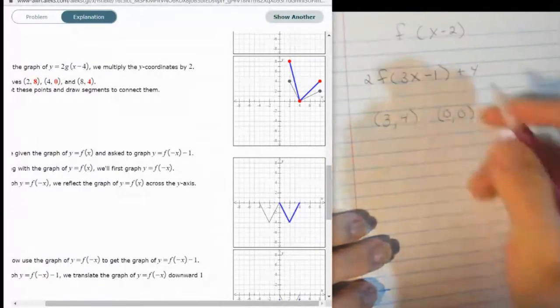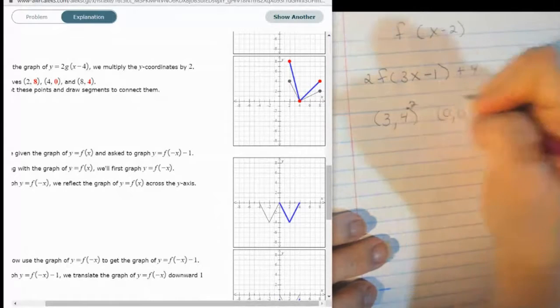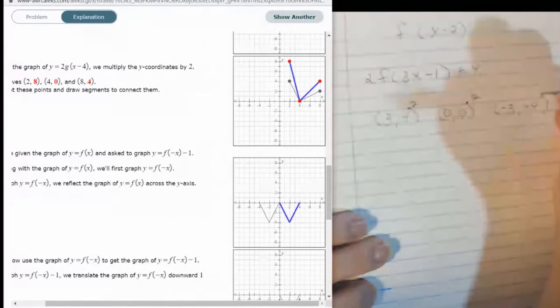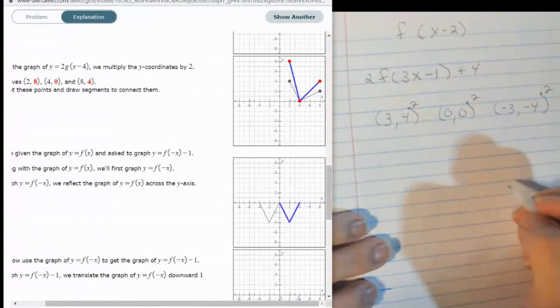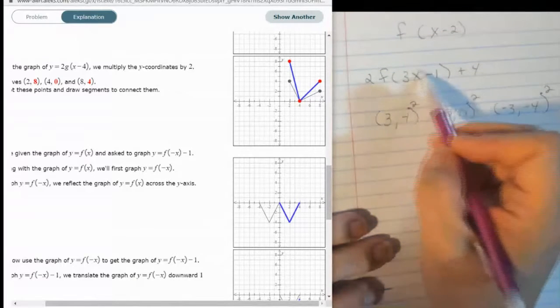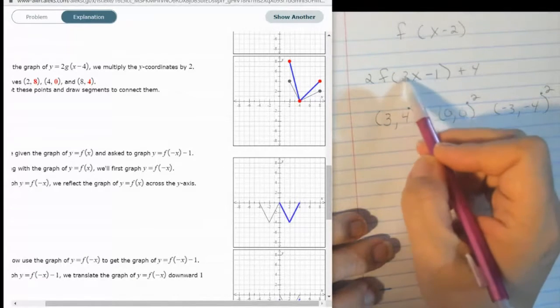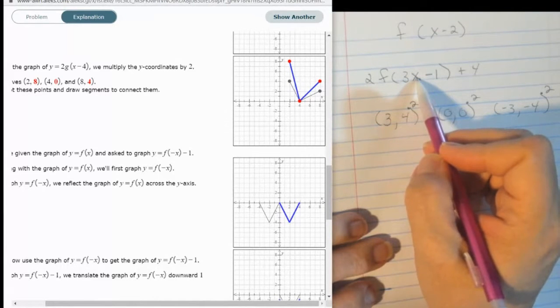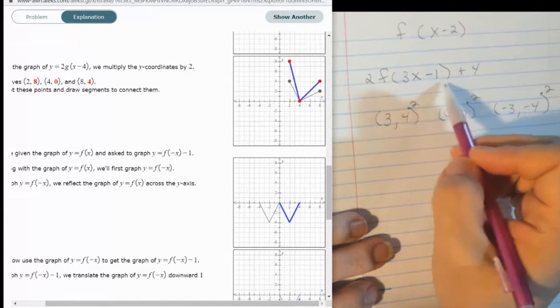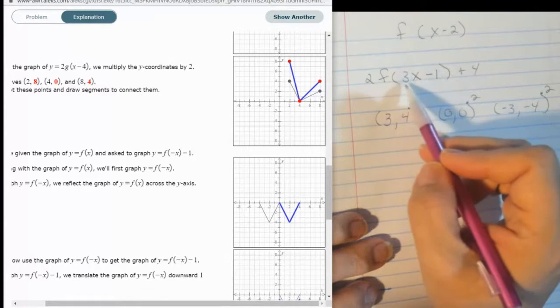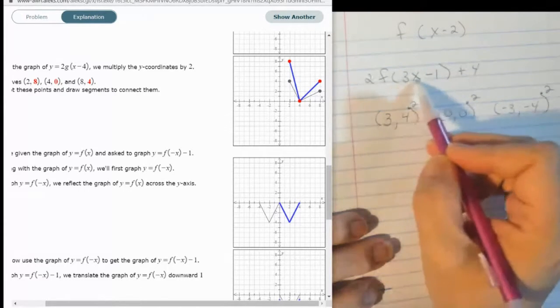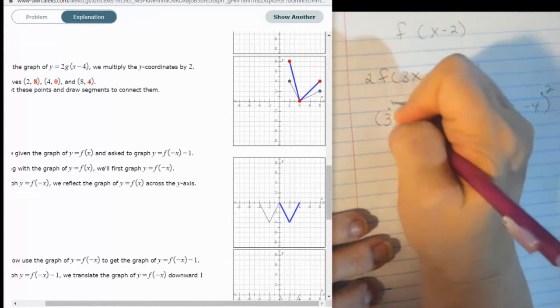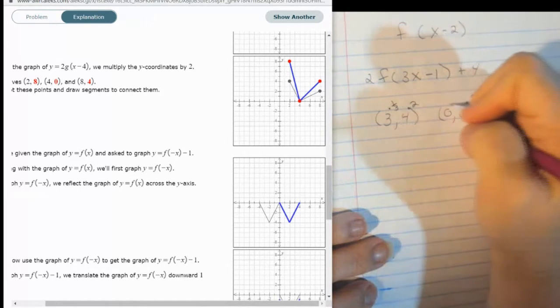So we multiply the y's times 2. This 3 is on the inside, so instead of multiplying by 3, multiply by its reciprocal. Because when it's inside with the x, do the opposite. So since it's times 3, multiply by its reciprocal, 1/3.